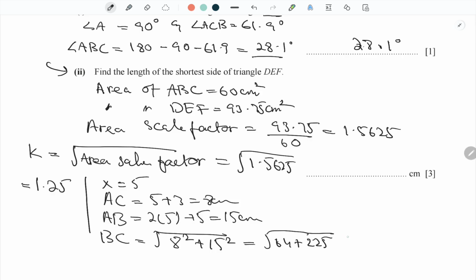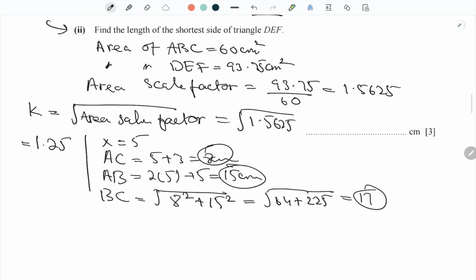We add them together and take the square root, which is a perfect square, 17. So which one is shorter, 17, 15 or 8? You see that 8 is shorter. So the shorter side is AC equals 8 centimeters.